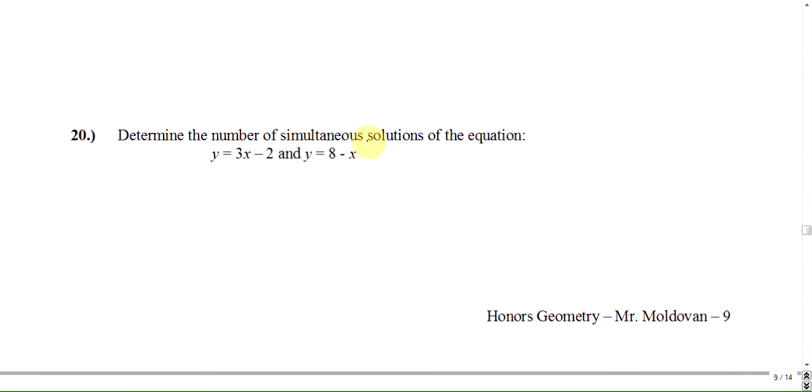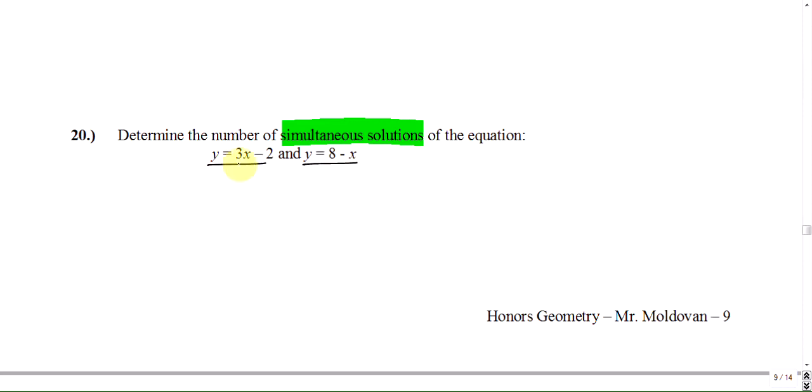Determine the number of simultaneous solutions of the equation. This is a fancy way of saying figure out at how many points these two lines intersect, and I'm also going to find where they intersect.